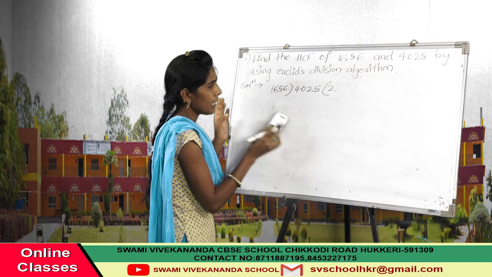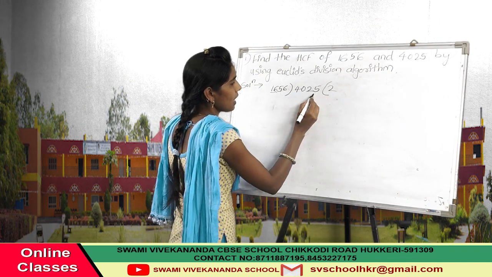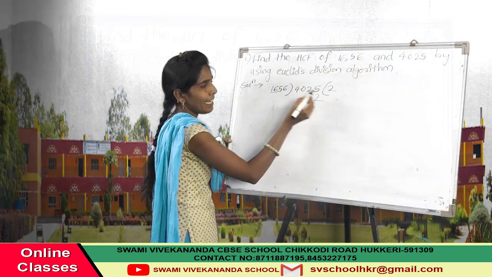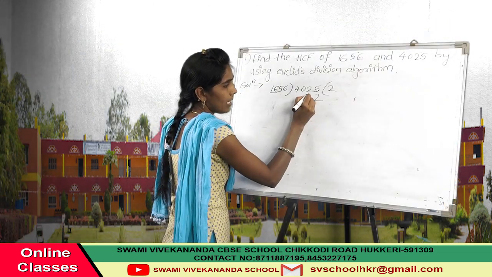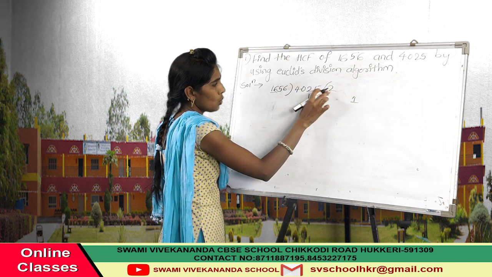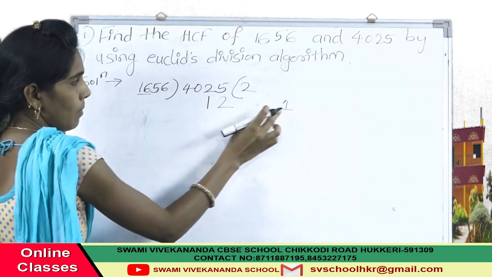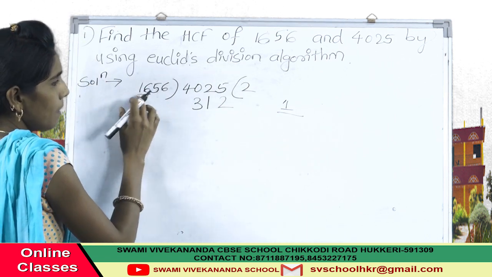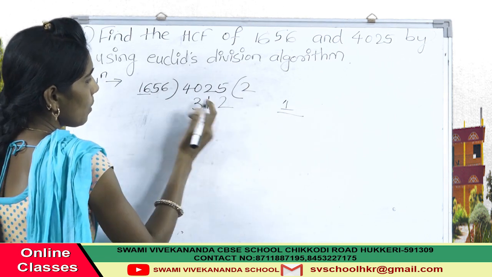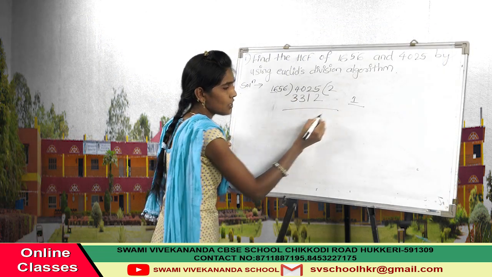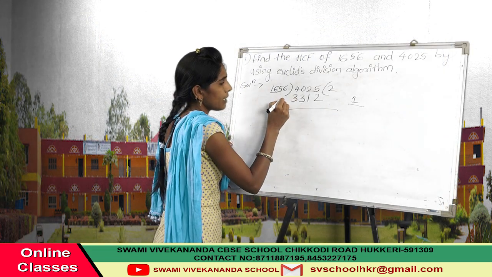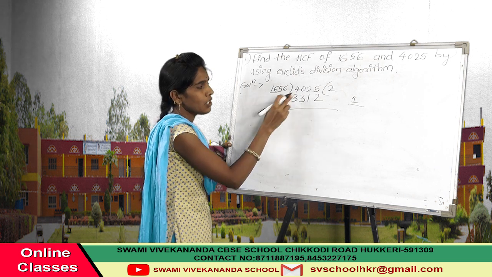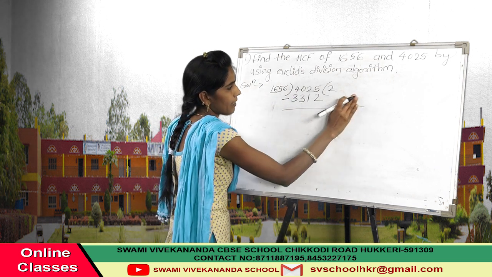See, multiply by 2. 2 6s are 12. 2 5s are 10 plus this one, 11. Again 1 here. 2 6s are 12. 12 plus 1, 13. Again 1 is here. 2 into 1 is 2. 2 plus 1, 3. In division which symbol will come here? Subtraction. In multiplication what we did? Addition. In division, subtraction. See, subtract now.